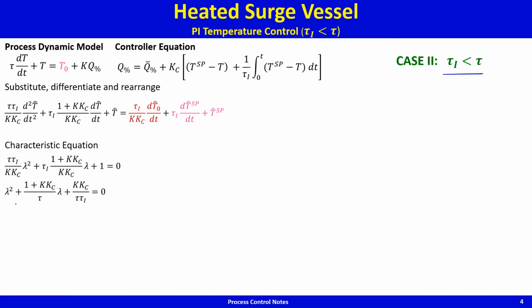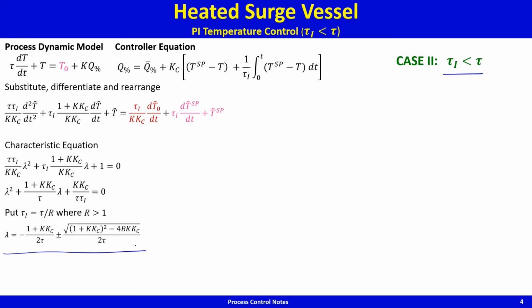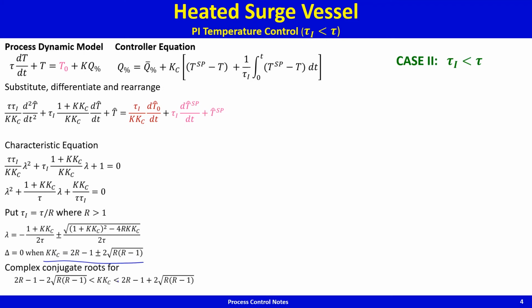Characteristic equation is this guy, and put tau I is equal to tau by r. When we put tau I is equal to tau by r and r is greater than 1, we get these are the roots of the characteristic equation, and the determinant is 0 when kkc is here, and so we get complex conjugate roots when kkc is between these two limits.